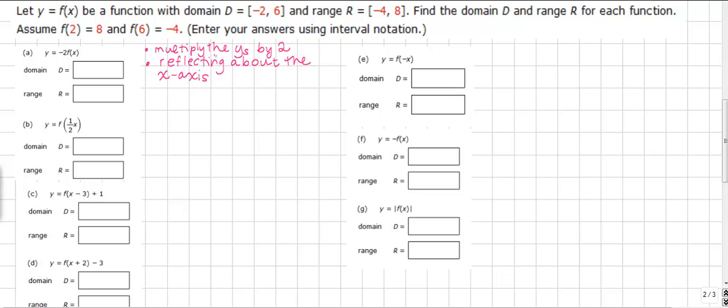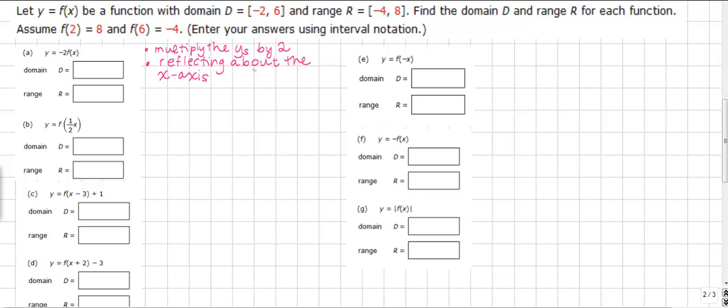Now we don't know the shape of the graph. We do know its endpoints, and we know its original domain and range parameters. Personally, I think the easiest thing to do is to think about who you're affecting. Are you affecting the x's or the y's?